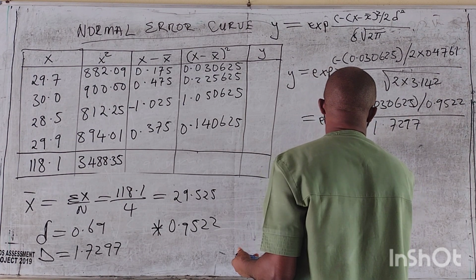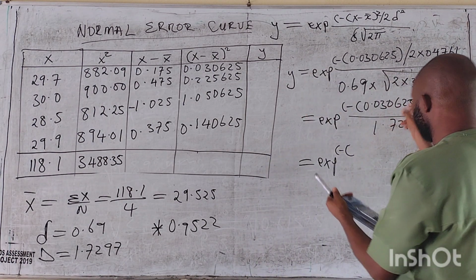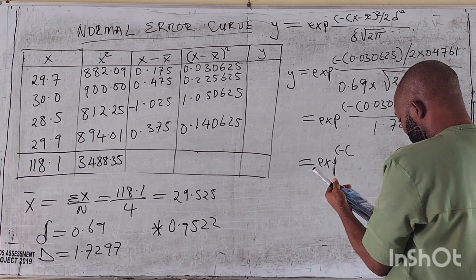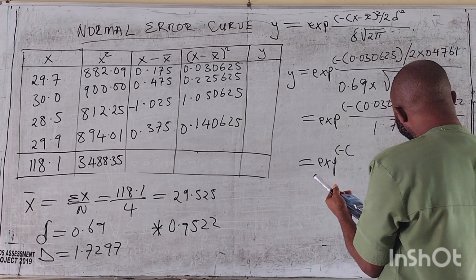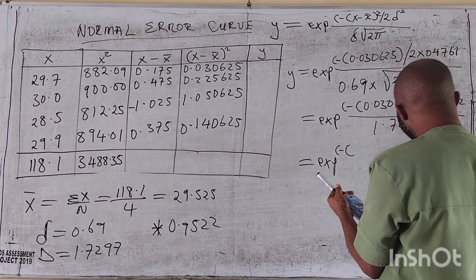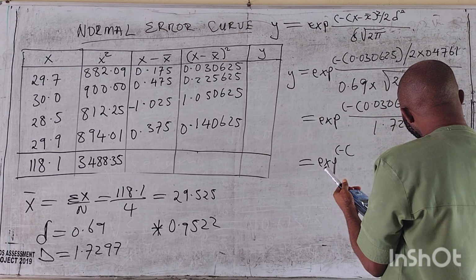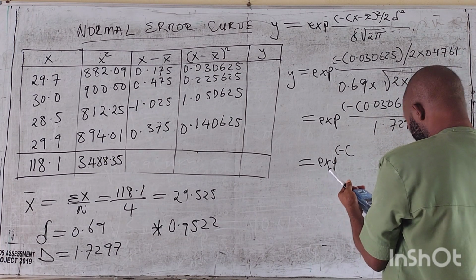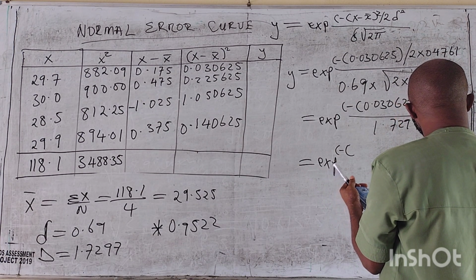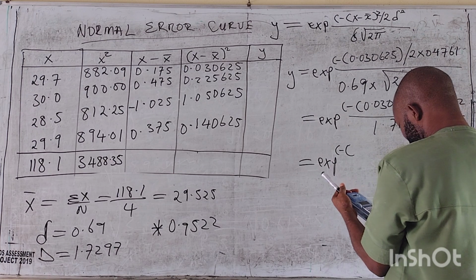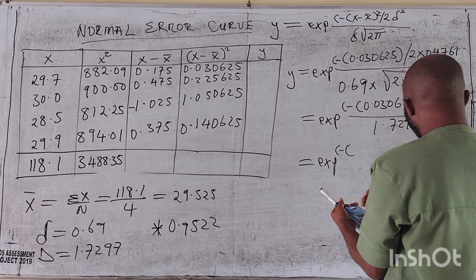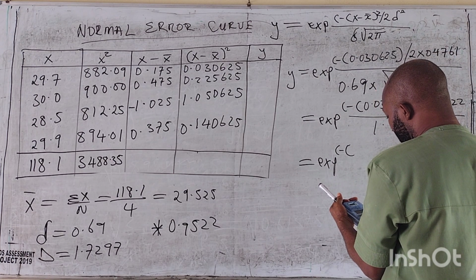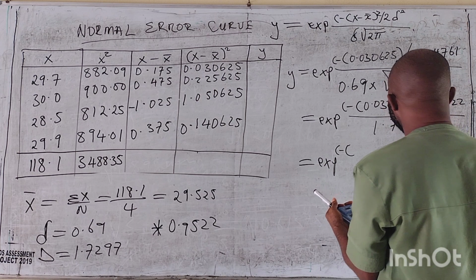Now this one will give me what? 0.030625 divided by 0.9522 is equal to 0.03216236.